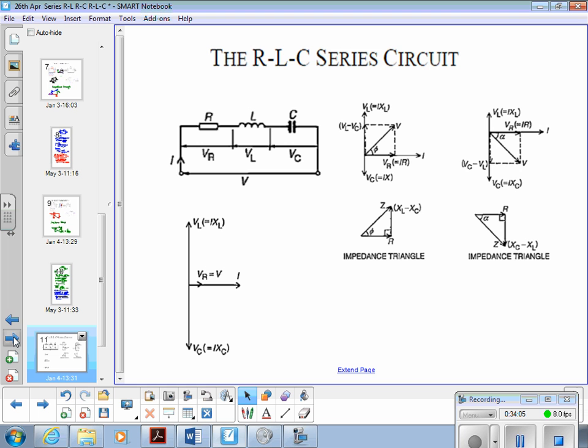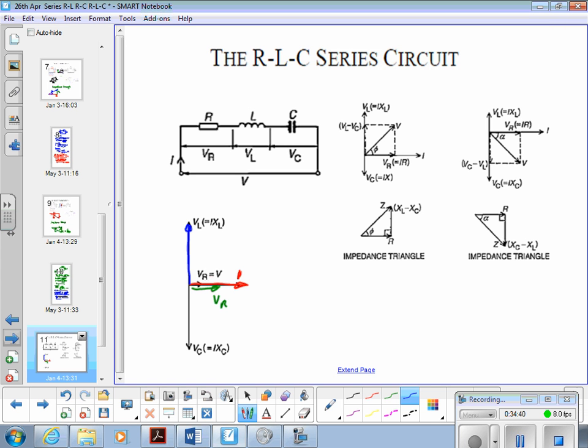Okay. What happens is we've got a current I in our phasor diagram there in phase, and a VR there. So there's I, and then what we have is the inductor voltage plus 90 degrees, and it's I times XL.